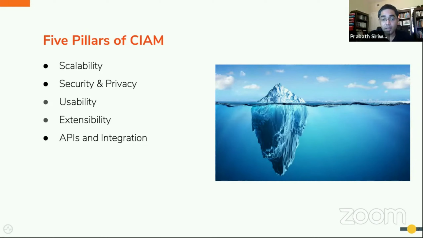So just having the ability to address scalability needs is not enough. Your CIAM system should know how to auto scale up and down based on the demand. Then the security. If you handle any customer data, the security should be one of the topmost priorities.